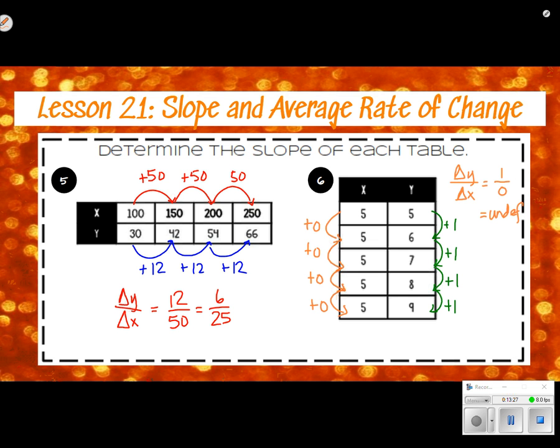And if you notice, this is not even a function. We have 5 being paired up with lots of different y values. So it's not a function because it is a vertical line. Interesting. All right, let's keep going.